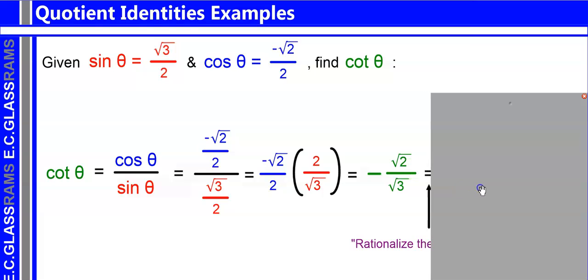Combine it together. You get negative square root of 2 over square root of 3, because again, when you multiply these two together, you simplify the 2's into 1, and then you're left with the radicals. But again, you rationalize it because our final answer cannot have square root of 3 in the denominator.